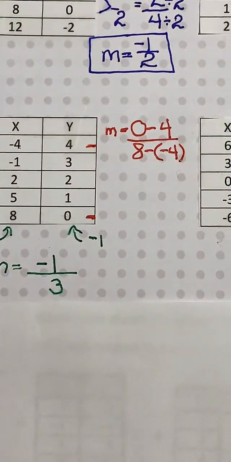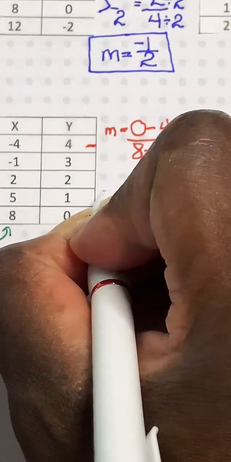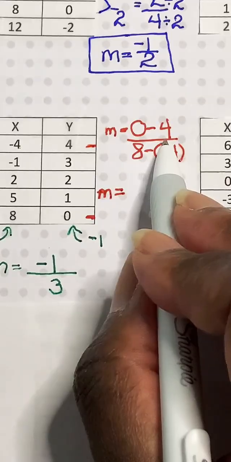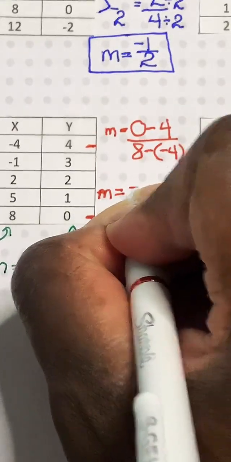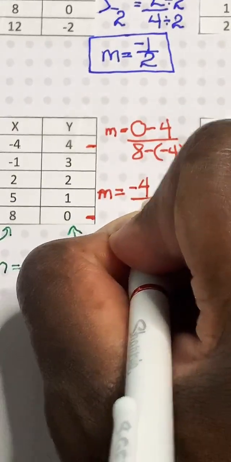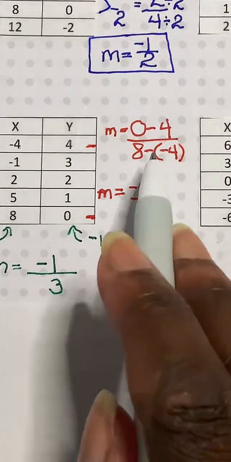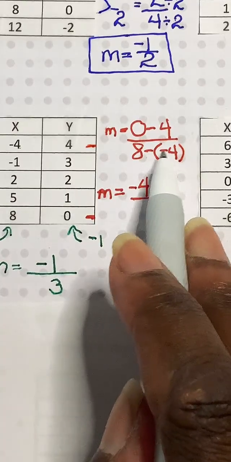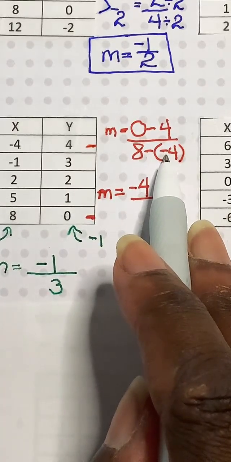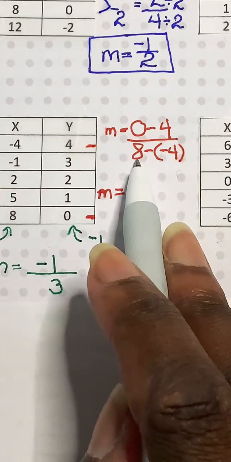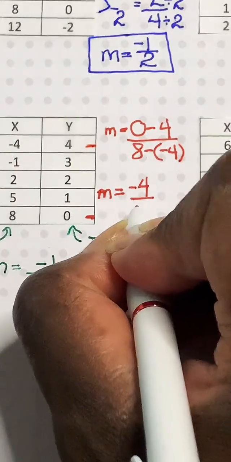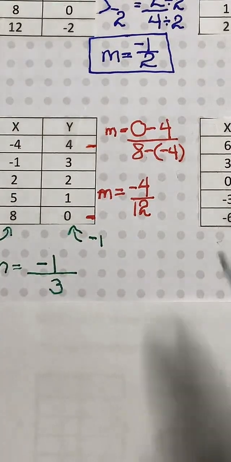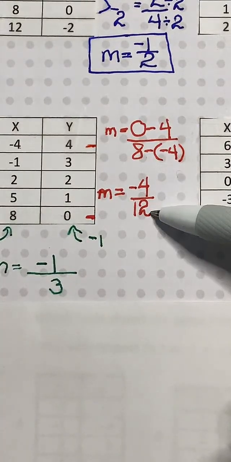Okay, so if we want to do it algebraically, 0 minus 4 gives me a -4. In the denominator, 8 minus a -4, when you minus a negative, that turns positive. So 8 plus 4 will give me 12. So now -4/12.